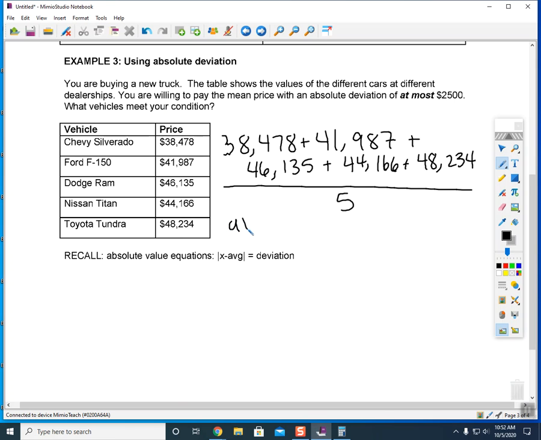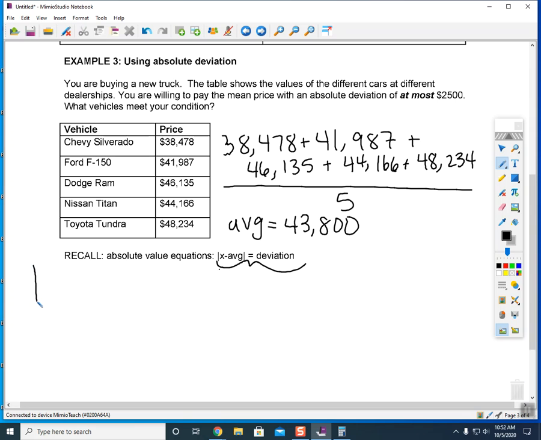So my average for all of these is 43,800. So I have this equation down here: the absolute value of x minus my average equals my deviation. My equation is going to look a little bit different because we're dealing with inequalities.